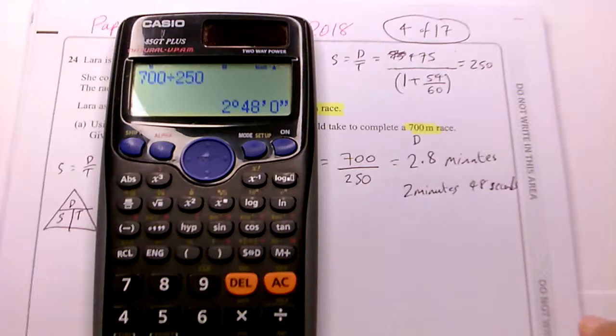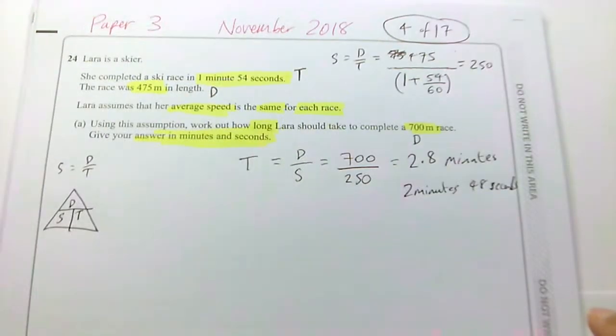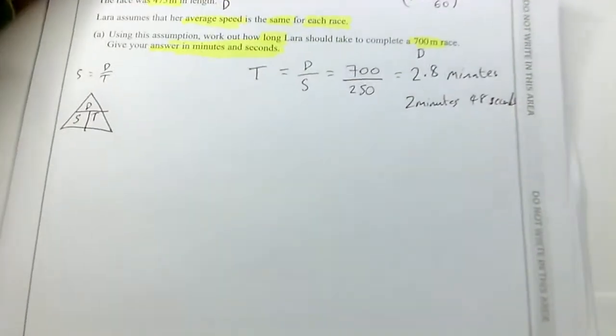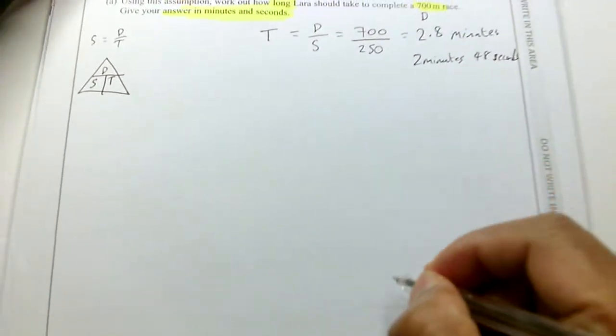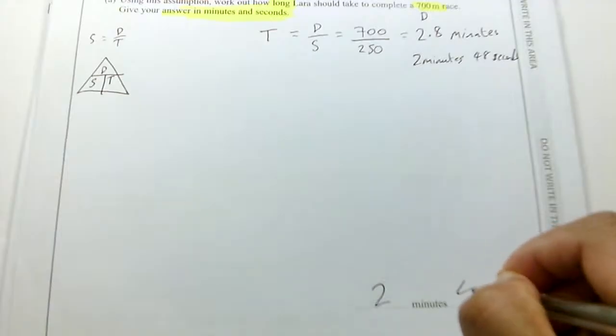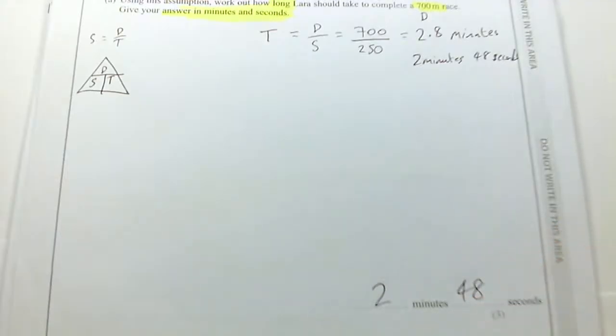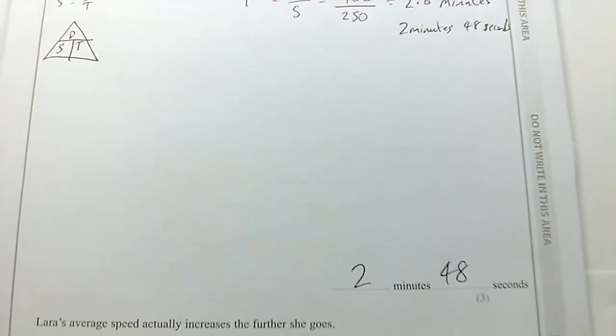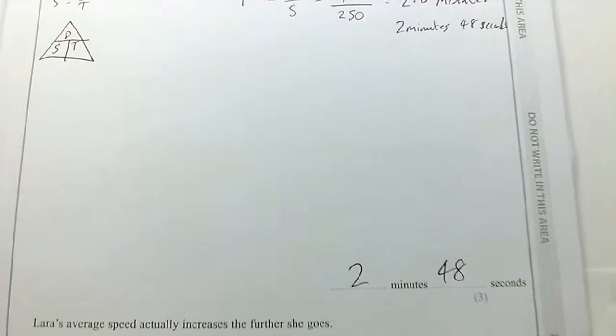Okay, so that's my answer, and I can write that out in my answer here: 2 minutes and 48 seconds. Hopefully that is clear. All right, so that's the answer to the question.